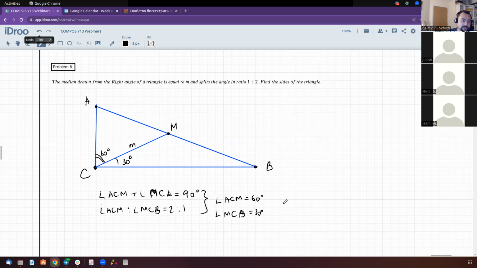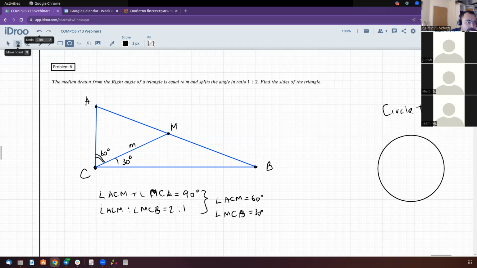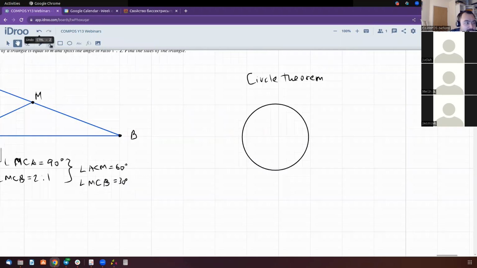Okay, now the circle theorem. We know that this is theta, and this is theta over 2, and this is theta over 2.